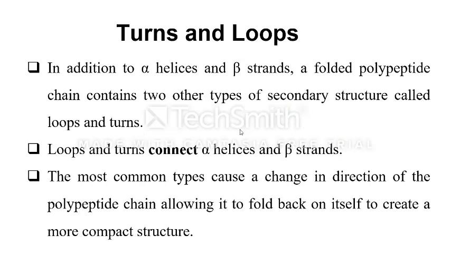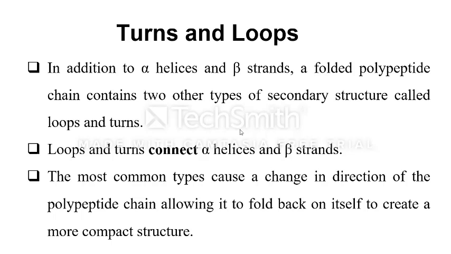So turns and loops. In addition to alpha helix and beta strands, a folded polypeptide chain contains two other types of secondary structure that are called loops and turns. Loops and turns connect alpha helices and beta sheets, right? So basically, the alpha helix and beta strand, that are two types of secondary structure, are connected with each other through loops and turns.